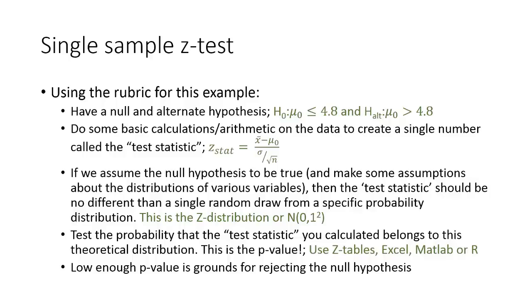But before we do that, I want to make sure that you understand why, if the null hypothesis is true, computing a z statistic from the data is equivalent to pulling a random number from a distribution that is normally distributed with mean 0 and standard deviation 1. So let's go to the next slide to do that.